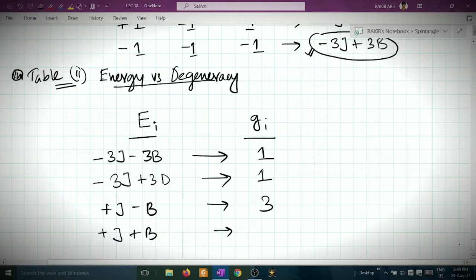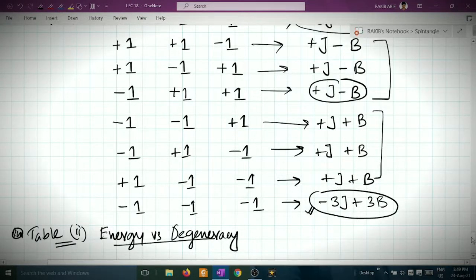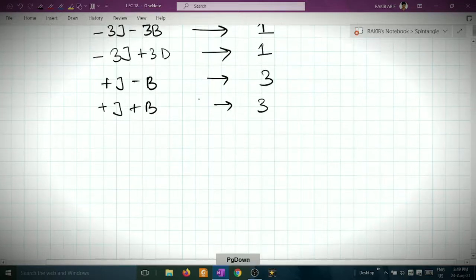You can check it from the table. These terms are 3, similar terms with similar energy. So this also has threefold degeneracy. Now you have got the energy versus degeneracy tabulation.